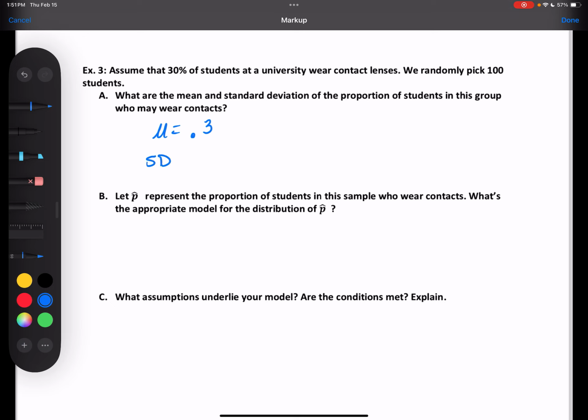Standard deviation, how do I do standard deviation? It is the square root of P times Q over N. 0.3 times 0.7 over 100.